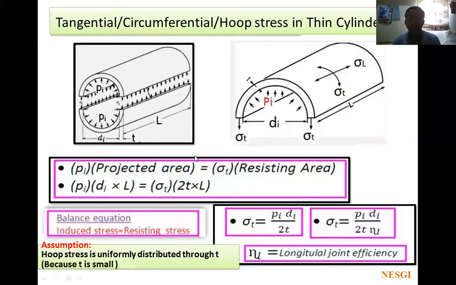Okay, so this is about the sigma t equation. This equation is used to calculate the tangential stress induced in the cylinder.